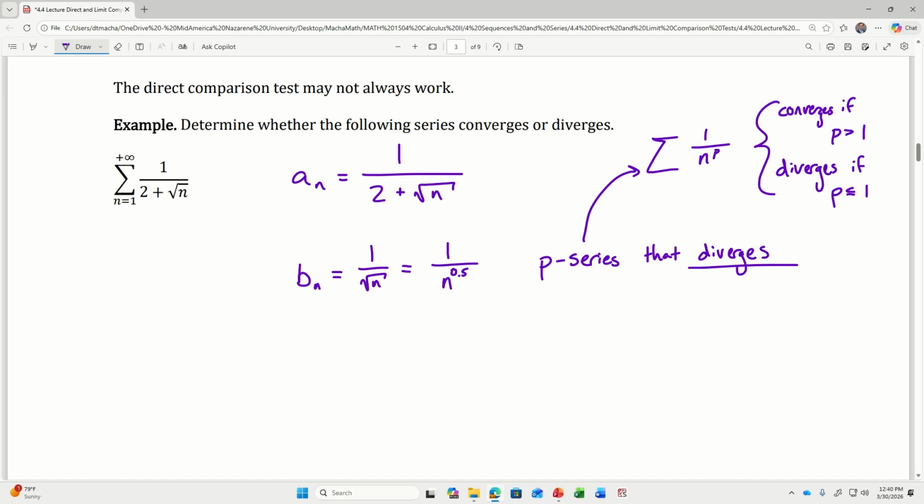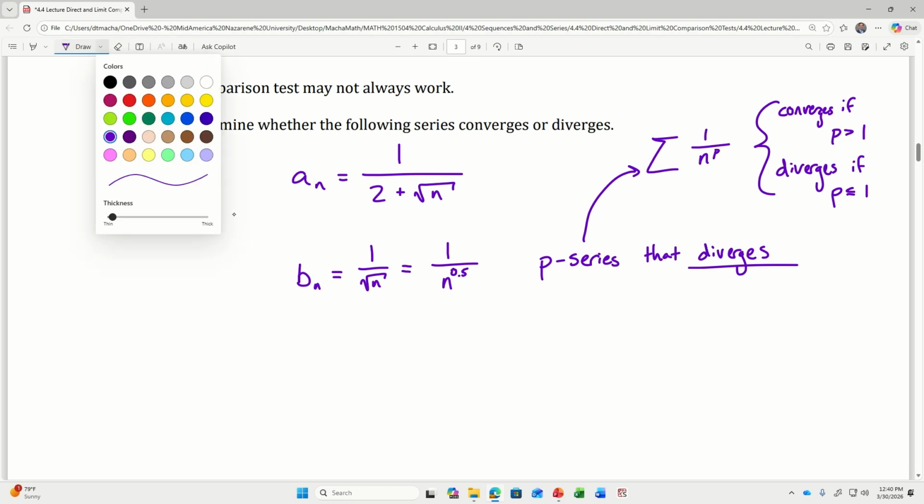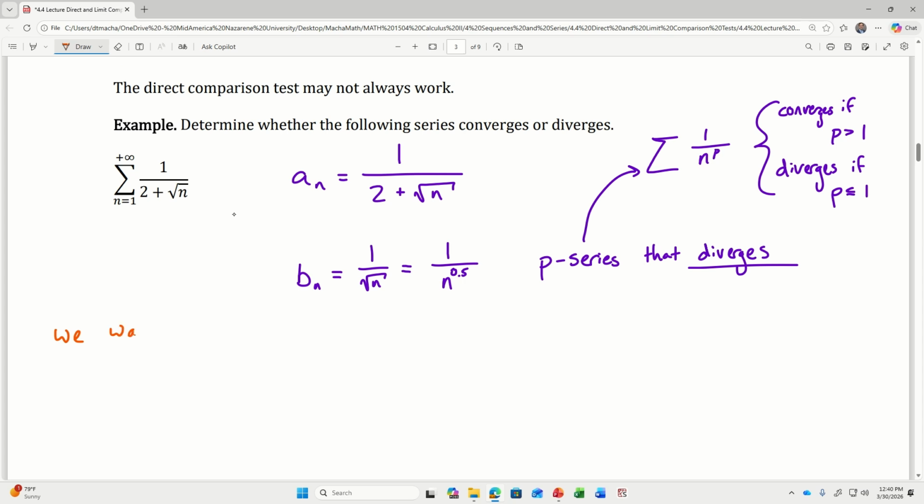Of course, that is just the series that I selected to compare against. This doesn't say anything necessarily about the original series, unless I can also show that an is greater than every corresponding bn.